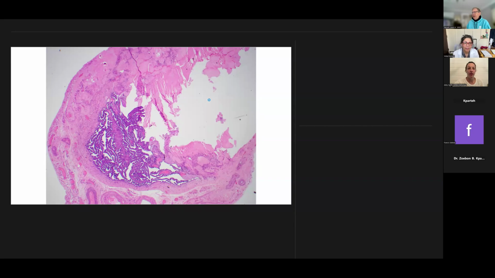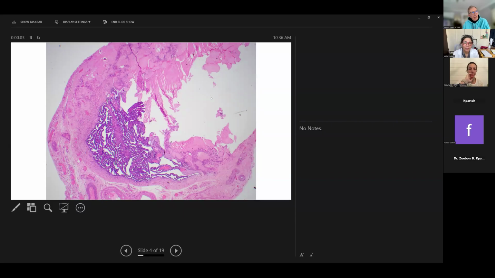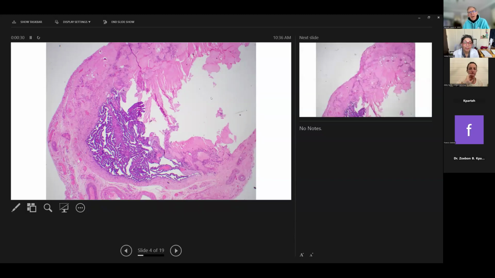Okay, so she'd had multiple gestations, and I think she was para 6 or something of that sort, with a recent delivery of her last child, and she wanted to undergo an elective salpingectomy at that point.